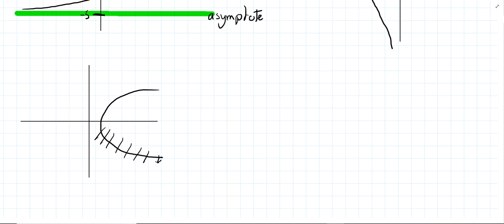What we did think about was if we were combining 2 functions. Remember I said if we have x squared plus 3x plus 2 divided by x plus 2, x could not be 0, x could not be -2.